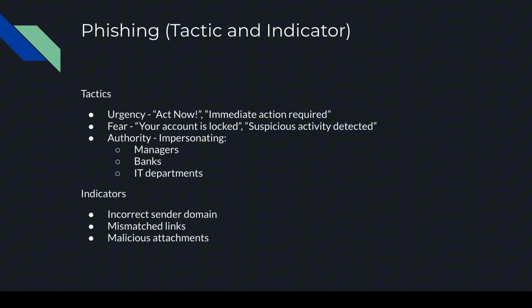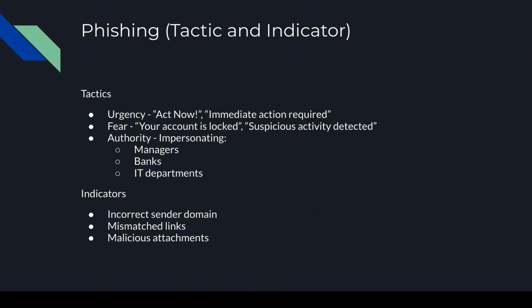So what we have here is a summary about phishing. For phishing, there are two things: the tactic and the indicator. You need to know the difference between these two because they're not the same thing.